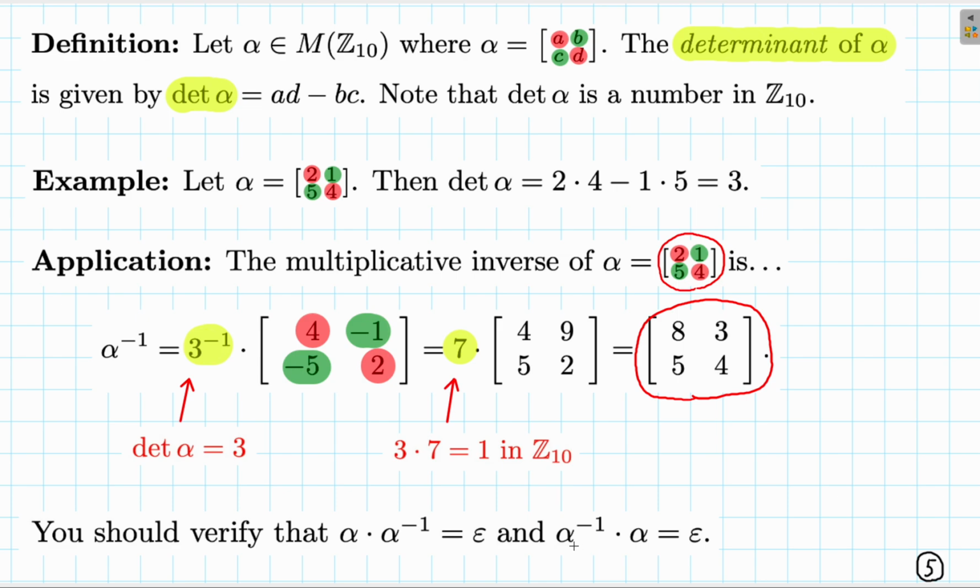And if you go alpha inverse times alpha, so this matrix times this matrix, again, I'll leave it up to you to verify that that also equals epsilon, namely the multiplicative identity matrix 1, 0, 0, 1. So do keep in mind that epsilon here is 1, 0, 0, 1. So we'll leave that calculation up to you.